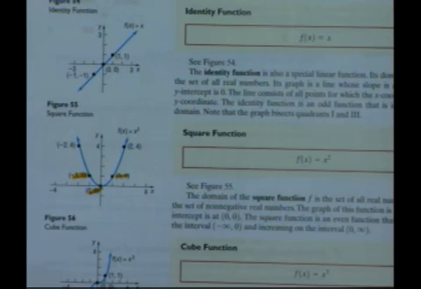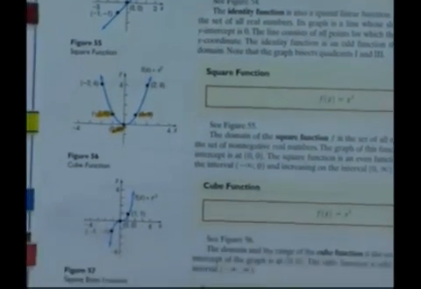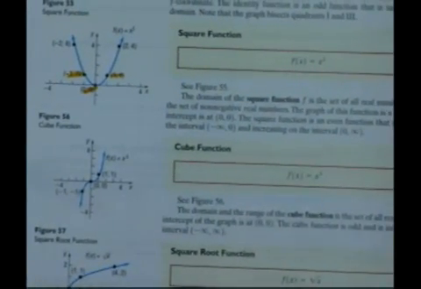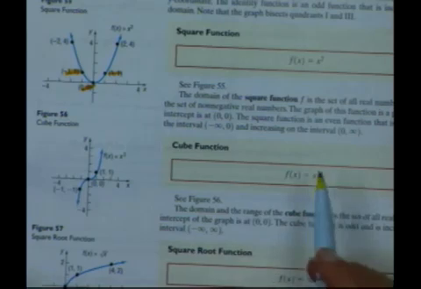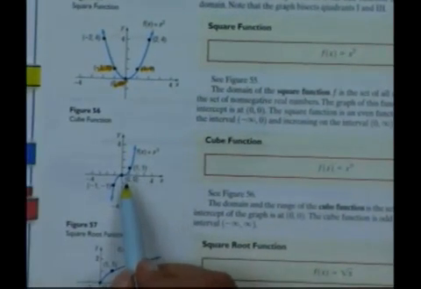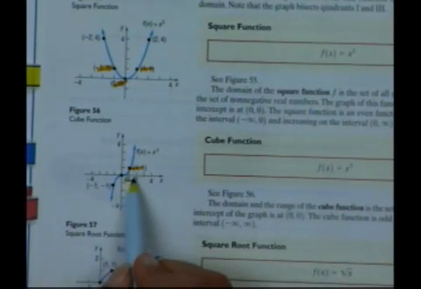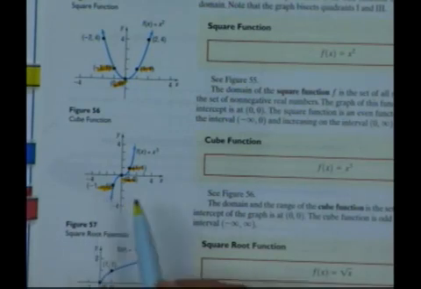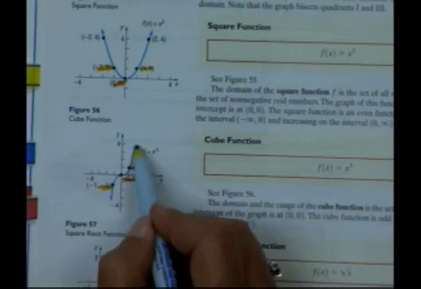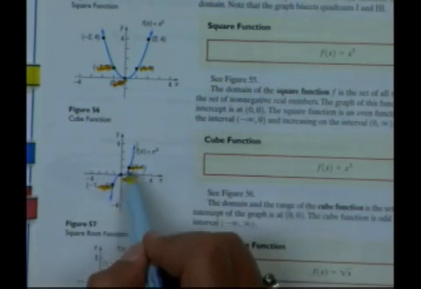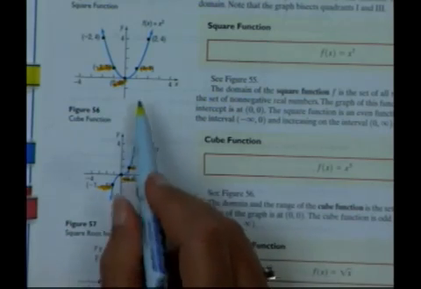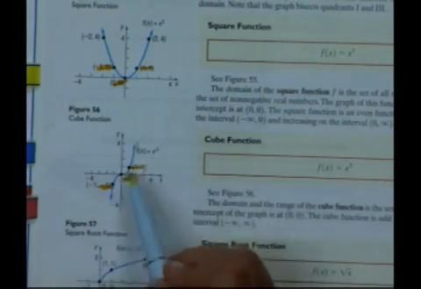Okay? All right, the next function is the cube function. X cubed. Y equals x cubed. All right, your key points are 0, 0, 1, 1, and -1, -1. Y equals x cubed. It looks like a parabola, almost. It's going to go up a lot quicker than y equals x squared because you're cubing the x.